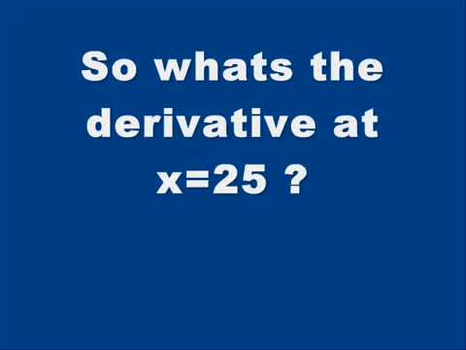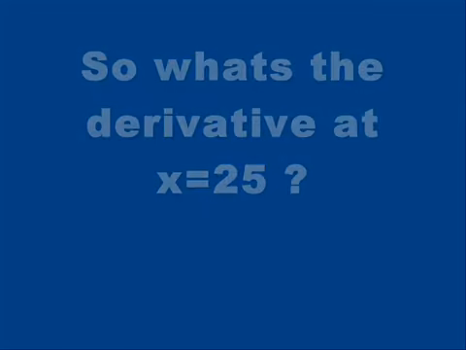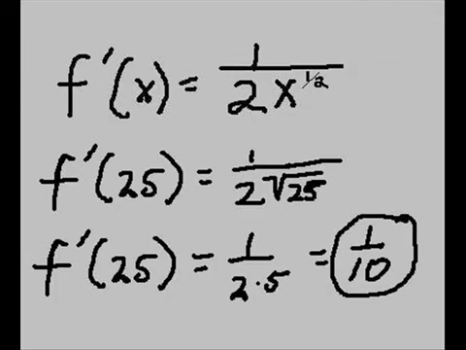So what's the derivative at x equals 25? Well, we have 1 over 2x to the 1/2 power. That's our derivative. Now we plug into the x spot the 25. X to the 1/2 power is really the radical sign.